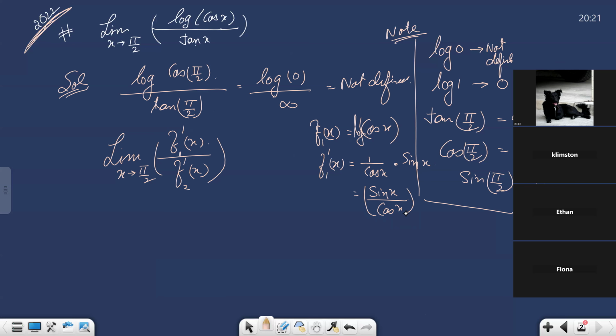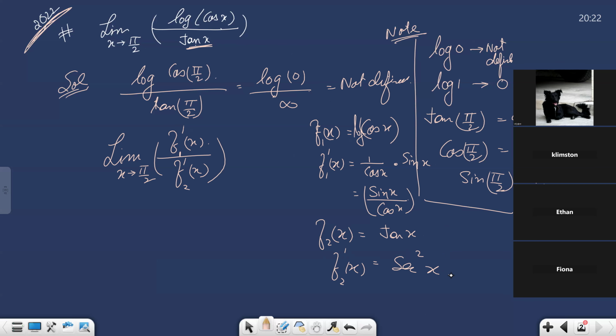Then the next step is, let us differentiate the second function, the denominator function, and that is tan x. I'm sorry, tan x, not tan pi by 2, pi by 2 is a constant. If you differentiate tan x, it is sec whole square x.